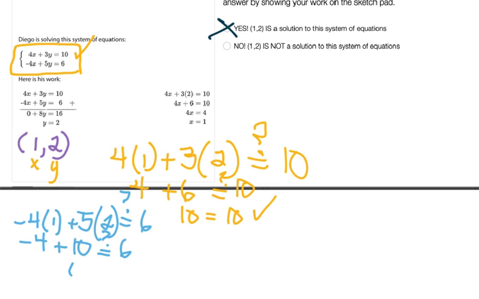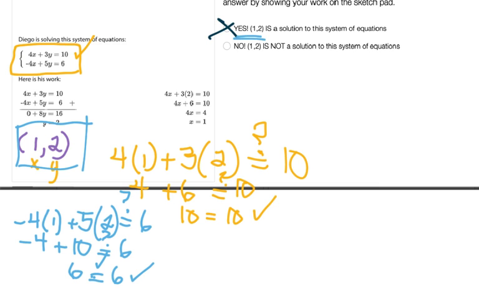Negative 4 plus 10 is equal to 6. And 6 is indeed equal to 6. So the right and the left are balanced right here. Check, it works. Therefore, my solution of (1, 2) is indeed a solution to the system. So yes, I have now verified it.